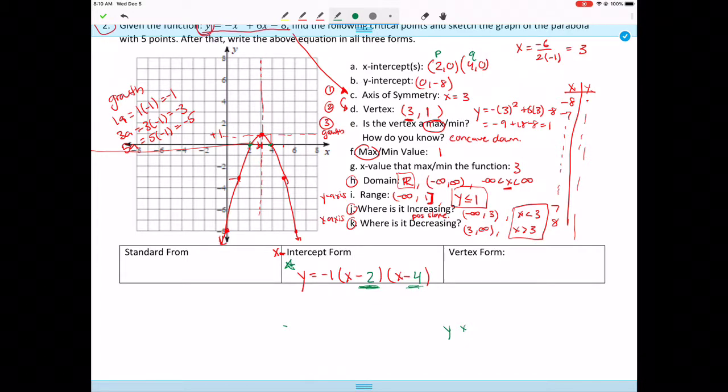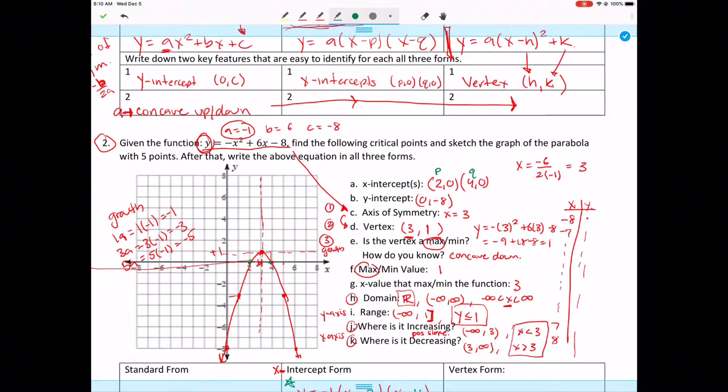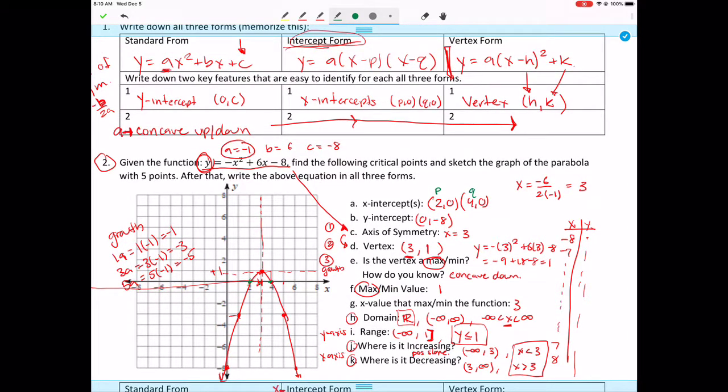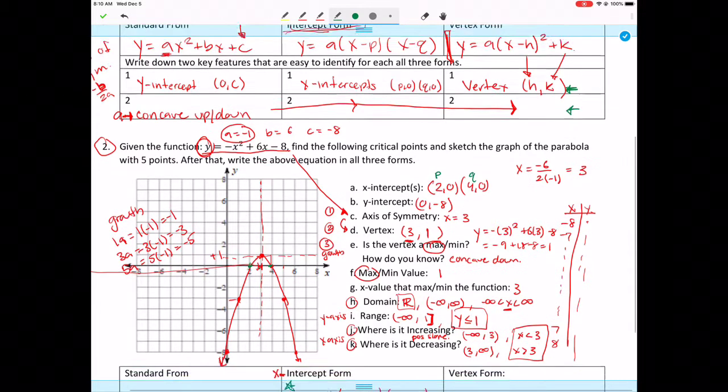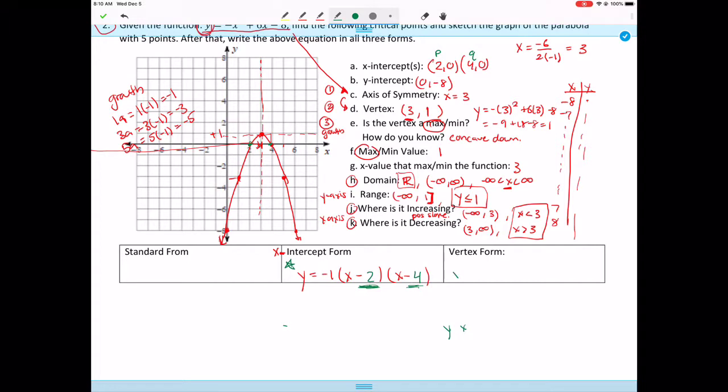Okay, vertex form. Vertex form, again, we need to memorize the vertex, or find out the vertex, and we also need to find a. So a is the same for all three of them, so we're going to have y equals -1, and then we have this, how it's written, plus something, k, and here is our h, and here is our k. We just need to find what our h and k are, and that is our vertex.